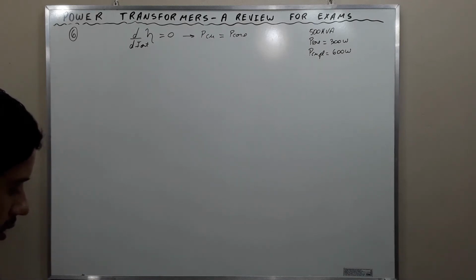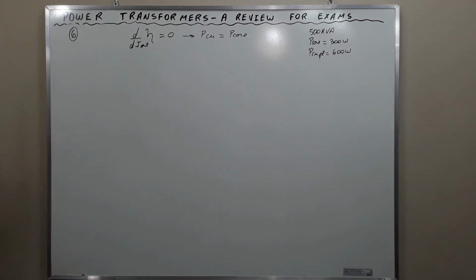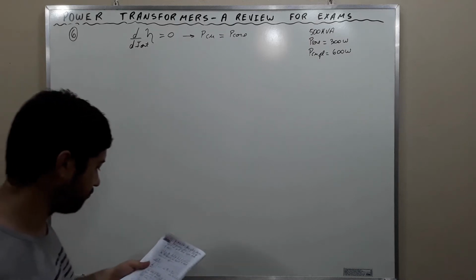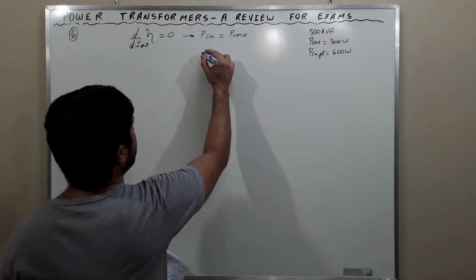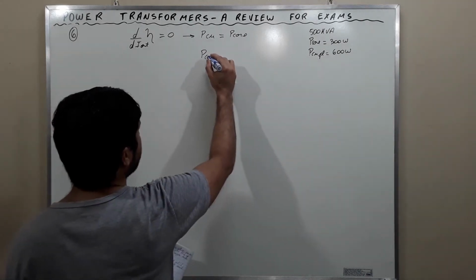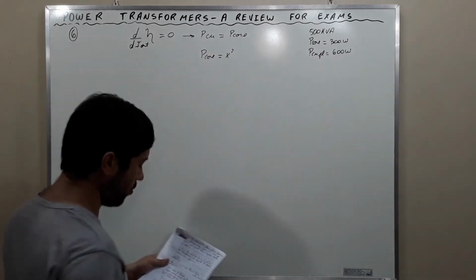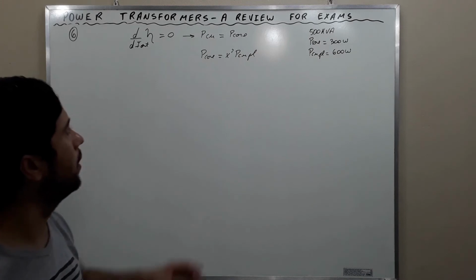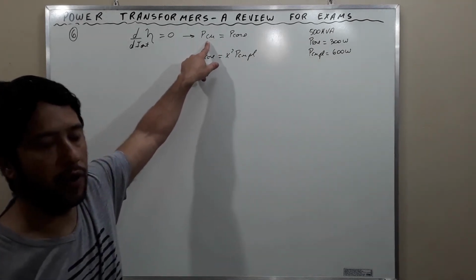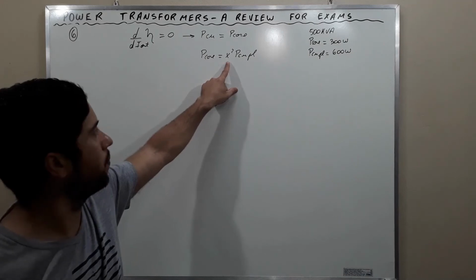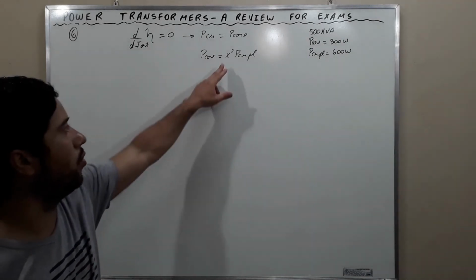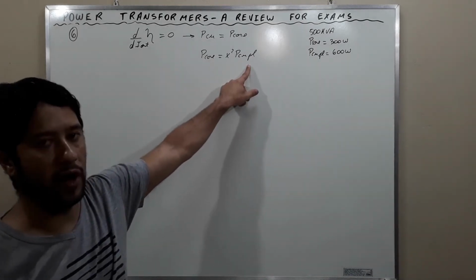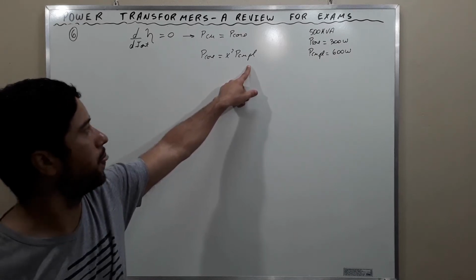We know that the copper losses vary with the square of the output current, okay? And we are going to use this: P core is going to be equal to the square root of PCU full load, okay? This varies with the square of the output current. X is not the output current. It only represents that while this is fixed, this varies with the square of the output current, okay?